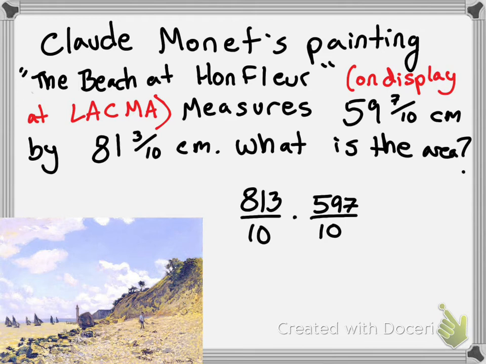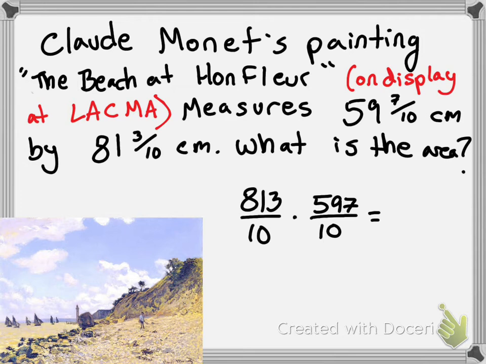We can't cross cancel these. We know that because 10 is only divisible by 1, 10, 2, and 5. 1 doesn't matter. They don't end in zeros, so it's not divisible by 10. They're not even, so they're not divisible by 2, and they don't end in a 5 or 0, so they're not divisible by 5. So sadly, we just have to multiply.